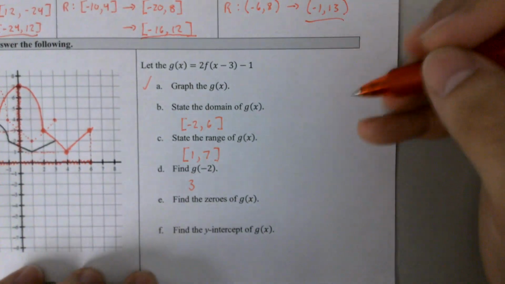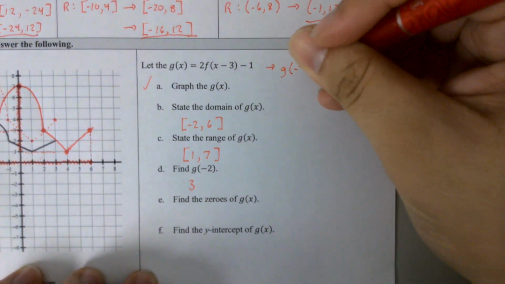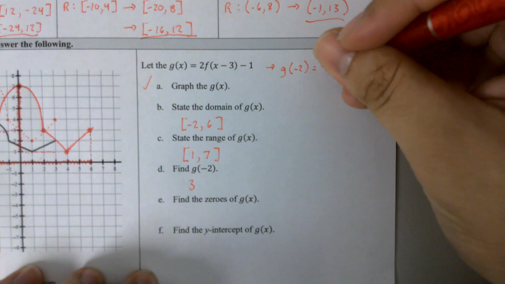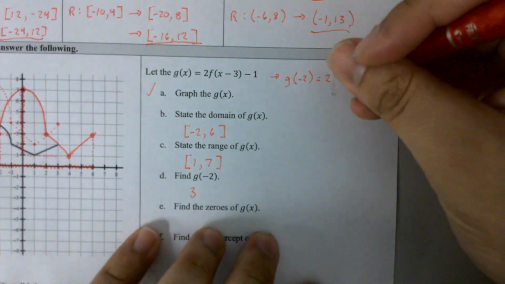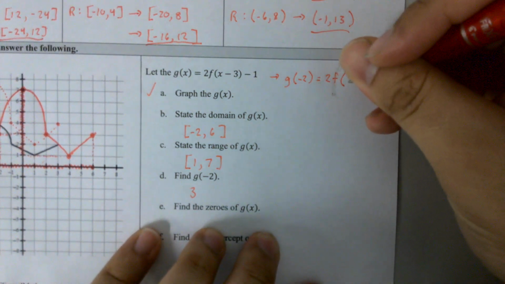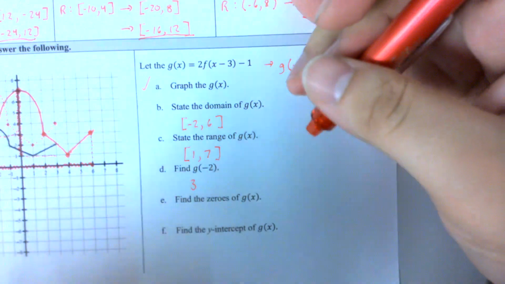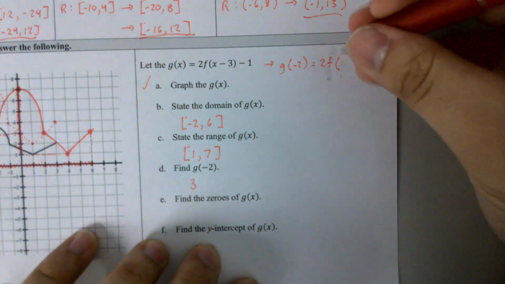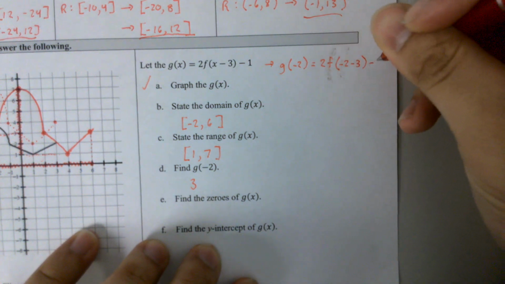Or we can use our function rule here, and similar to what we were doing in this section up here, we can use this rule to see that if we have g of -2, this is going to be equal to 2 times f of -2 minus 3, minus 1.